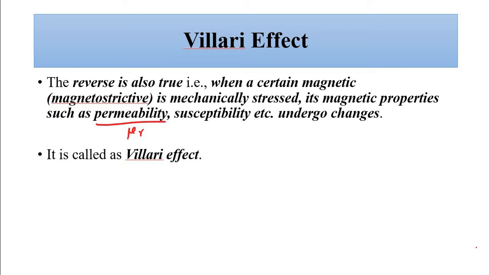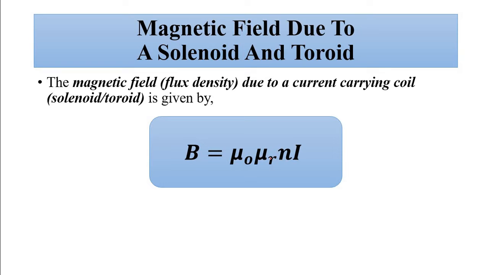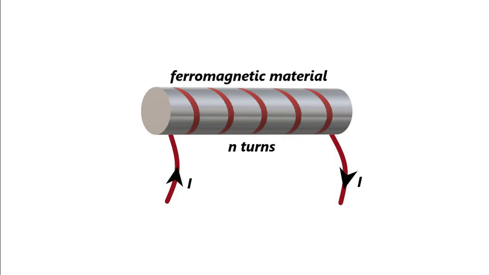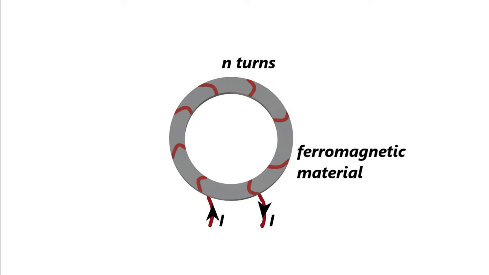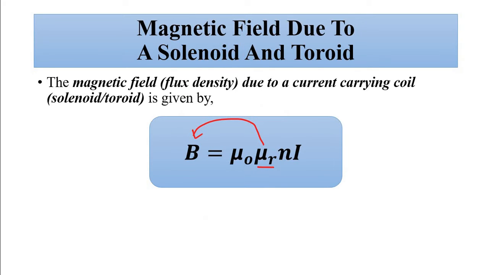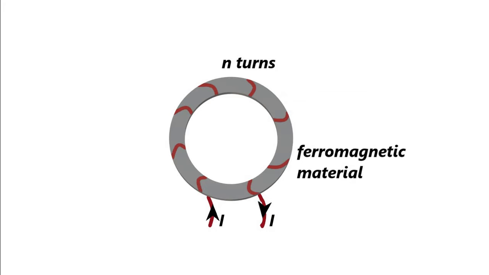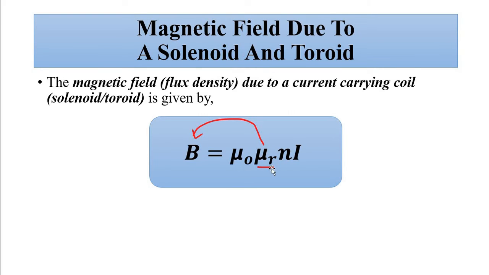That change in relative permeability causes a change in the magnetic flux density, because generally the magnetostrictive material is designed in the form of a solenoid or toroid. It can be an array or series of solenoids and toroids, or a single solenoid or toroid. The magnetic flux density of a solenoid or toroid is given by mu 0 mu r n I. Mu 0 is absolute permeability, mu r is relative permeability, n is the number of turns of wire wound over that toroid or solenoid, and I is the current passed through it.